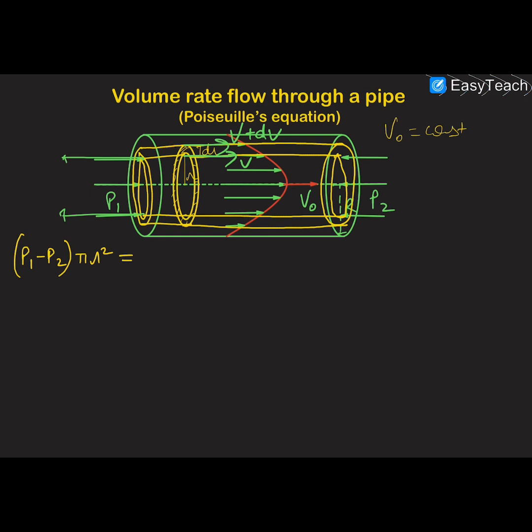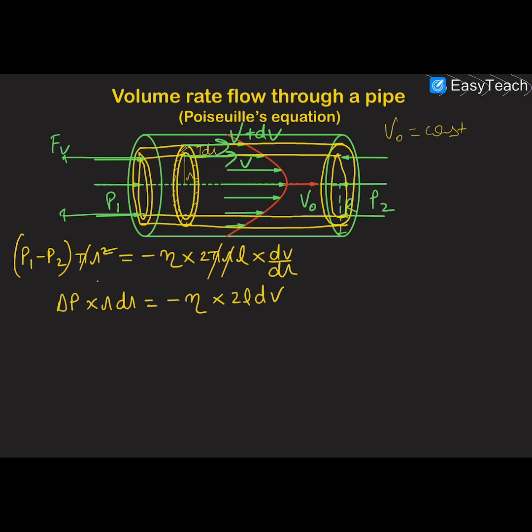Now the viscous force will be minus eta into area. The area of contact will be the curved surface area of the cylinder, so it is 2 pi r L into the velocity gradient dv by dr. So we can cancel pi with pi, r with r, and write it down as delta P into r dr is equal to minus eta into 2L dv.